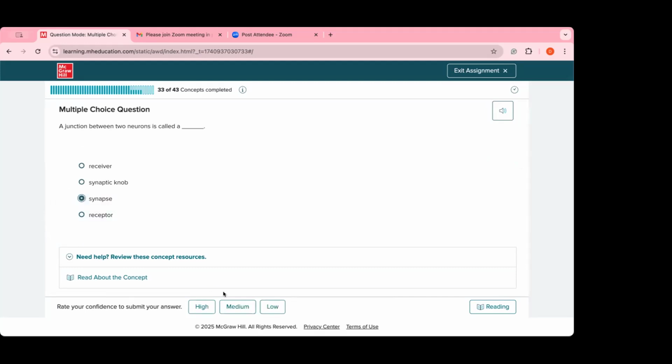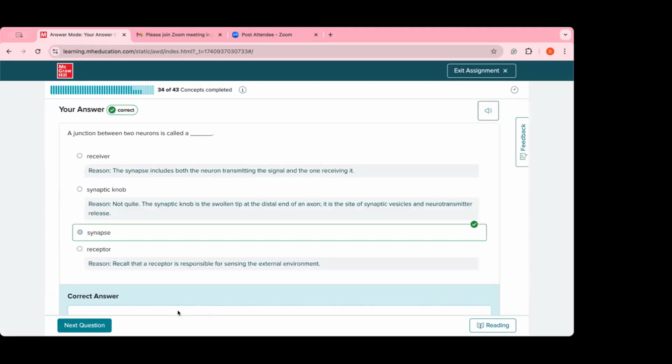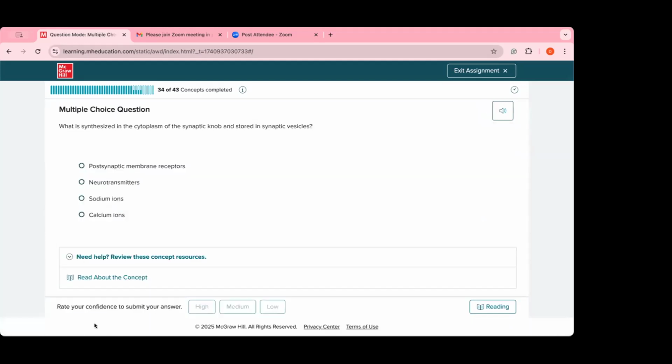What is synthesized in the cytoplasm of the synaptic knob and stored in synaptic vesicles? Those are neurotransmitters. Neurotransmitters are synthesized in the cytoplasm and stored in the synaptic vesicles, so they can be released when the vesicles break open.